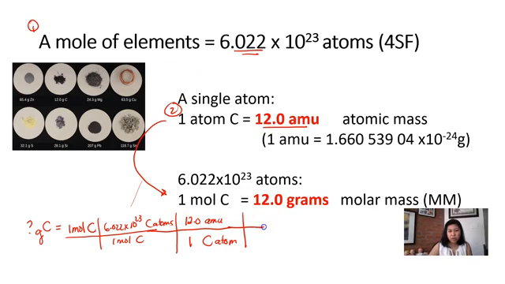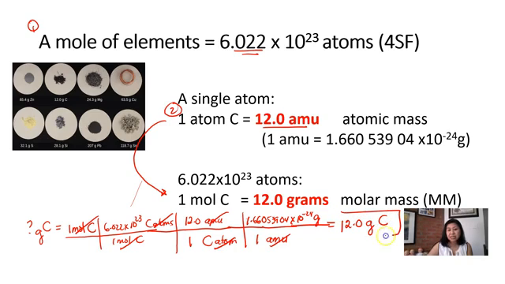And we know that one atomic mass unit is equivalent to this much in grams, 1.66053904 times 10 to the power of -24 grams. So if we weigh that, we can calculate the mass of one mole, and it will give you exactly 12.0 grams. Okay, so that's the reason behind it.